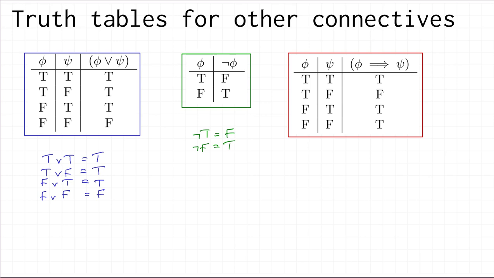People often find the truth table for implies a little bit counterintuitive or difficult to understand, in the way it corresponds to the ordinary use of the connective implies. So rather than talk about that for a long time in this video, I've included a little bit of discussion and a couple of links by the Fields medalist Tim Gowers in the lecture notes for this section of Math 5. So I'd really suggest that you have a look at those and read them.